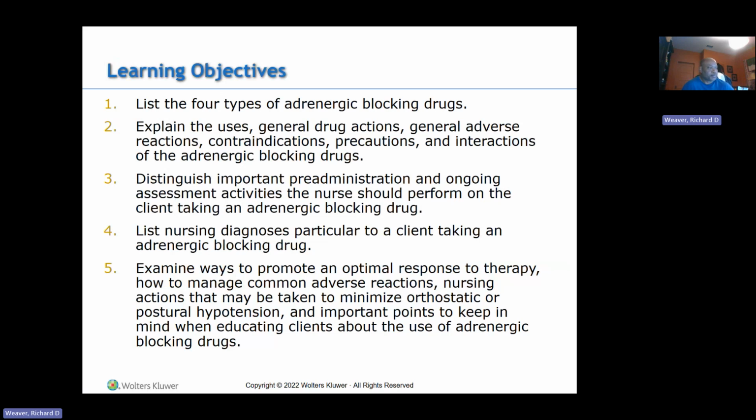And lastly, examine ways to promote an optimal response to therapy, how to manage common adverse reactions, nursing actions that may be taken to minimize orthostatic or postural hypotension, and important points to keep in mind when educating clients about the use of these adrenergic blocking drugs.